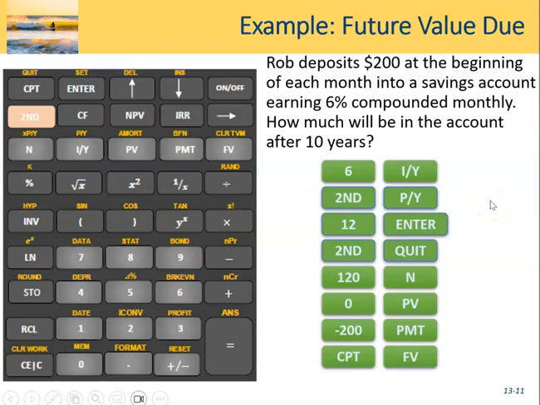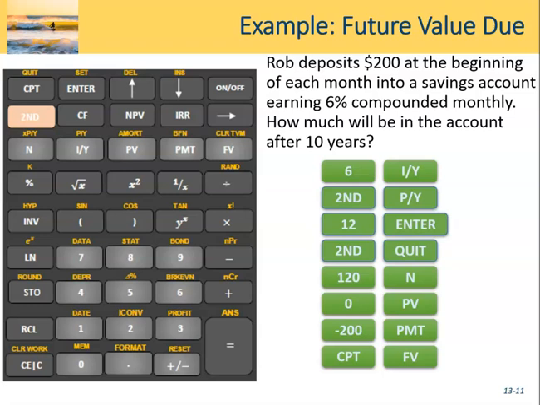Okay, so now that you've got it set in beginning mode, we're going to try this calculation. So we have 6 I/Y, and we need second P/Y. We want to change that to 12 from whatever it was. So 12, enter. You can arrow down. You can see your C/Y is the same as your P/Y. Okay, so now we need second quit to come back up to the main level.